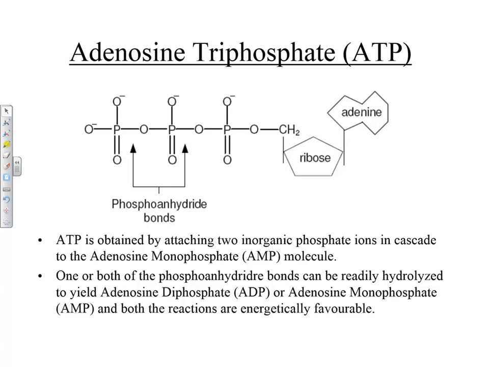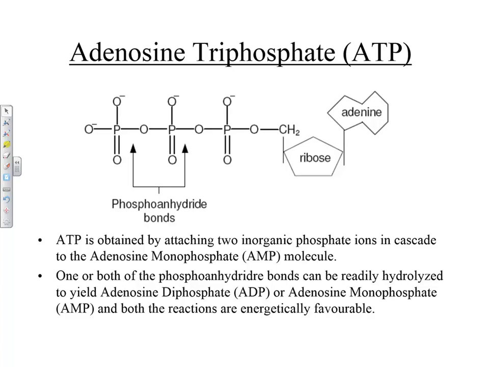Phosphoanhydride bond. So ATP is obtained by attaching 2 inorganic phosphate ions in cascade to the adenosine monophosphate (AMP) molecule. One or both of the phosphoanhydride bonds can be readily hydrolyzed. Hydrolyze means to break with water. If you remember, when we were forming the phosphoanhydride bond, that was with the removal of a water molecule. That's why it's called anhydride, taking water out. To break this bond, you just have to add a water molecule.